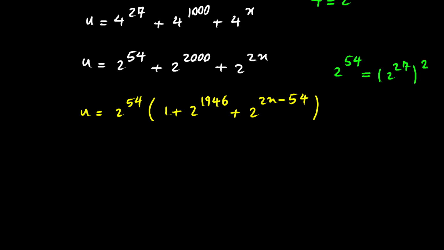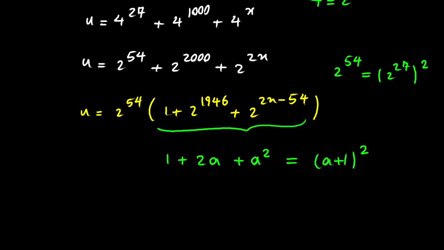So if we want u to be a perfect square, we need to find an x for which this expression is a perfect square. And for this to be a perfect square, it has to be in the form of 1 plus 2a plus a squared, because this is equal to a plus 1 all squared. So in that way, this is going to be 2a, and this is going to be a squared, right?